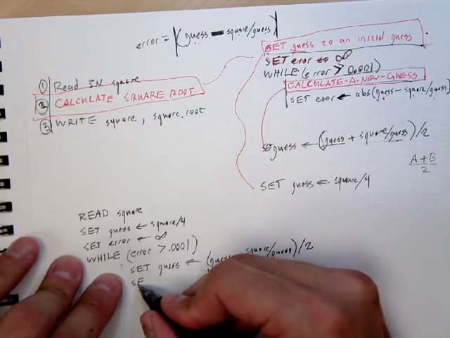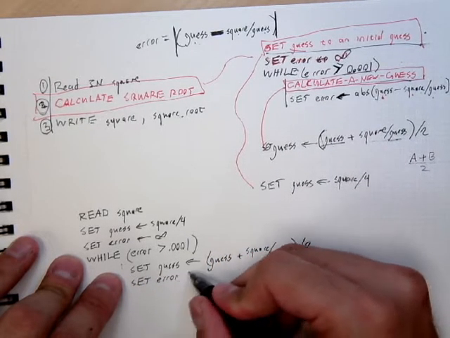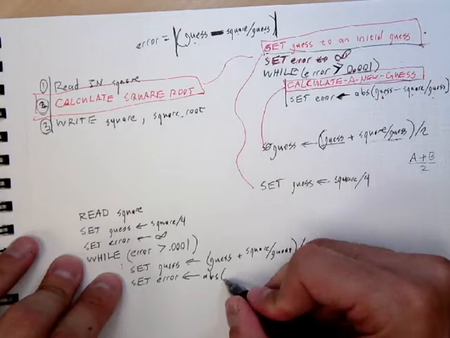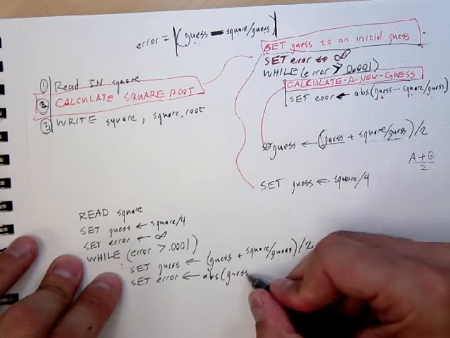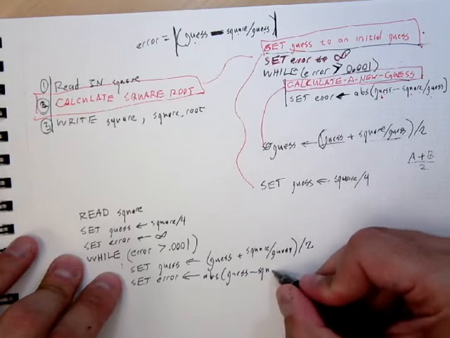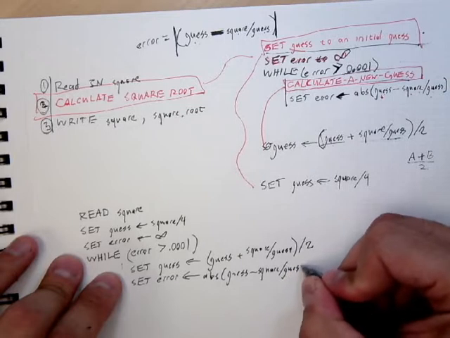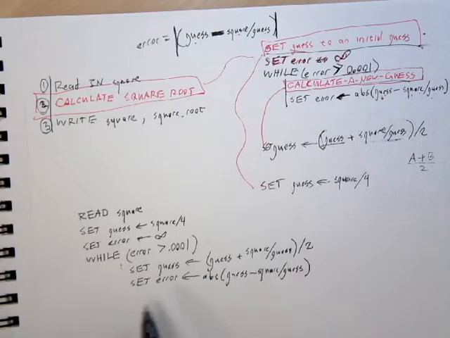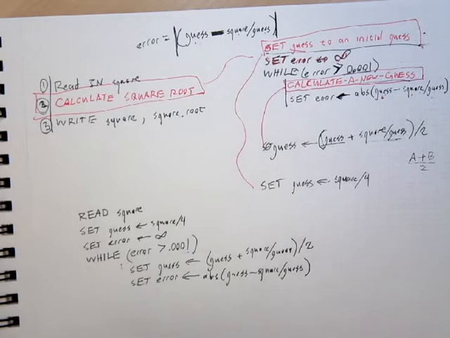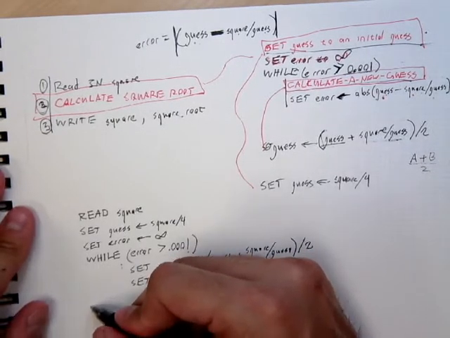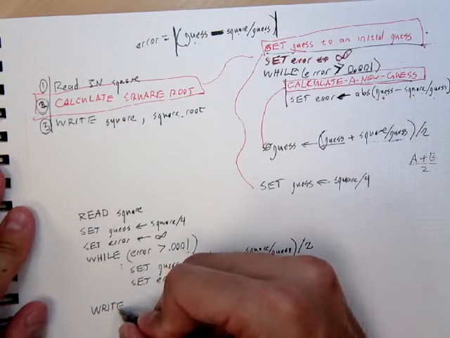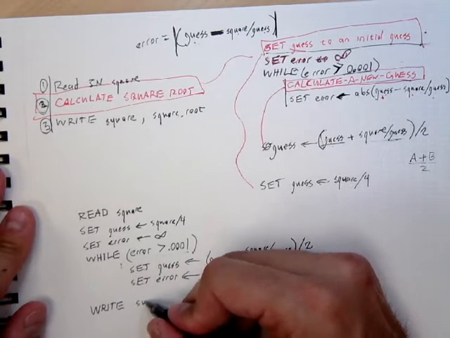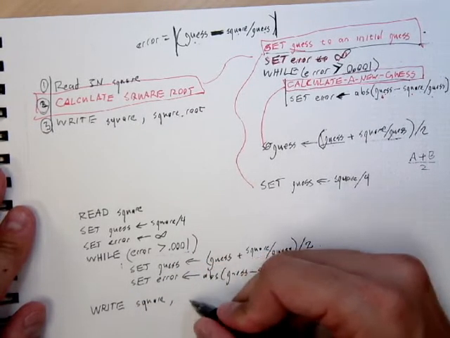So we set error as the absolute value of guess minus square divided by guess. Right? And then we repeat. And when we're done, so this will have finished, we can print out the answer. So we can print or write square, and then we can write what our guess is.